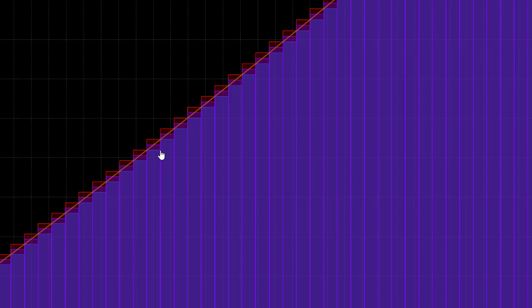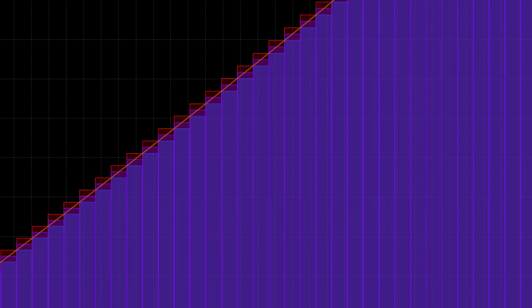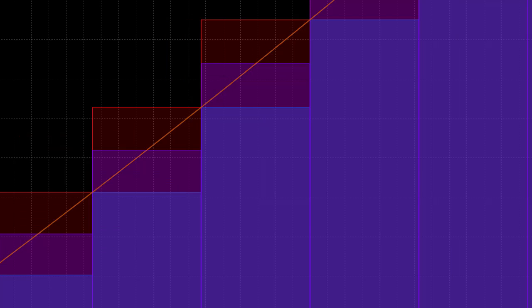The idea is that the more rectangles we have, the better approximation we'll get, and the closer together the right hand, left hand, and midpoint estimates get. They start to get closer and closer together.